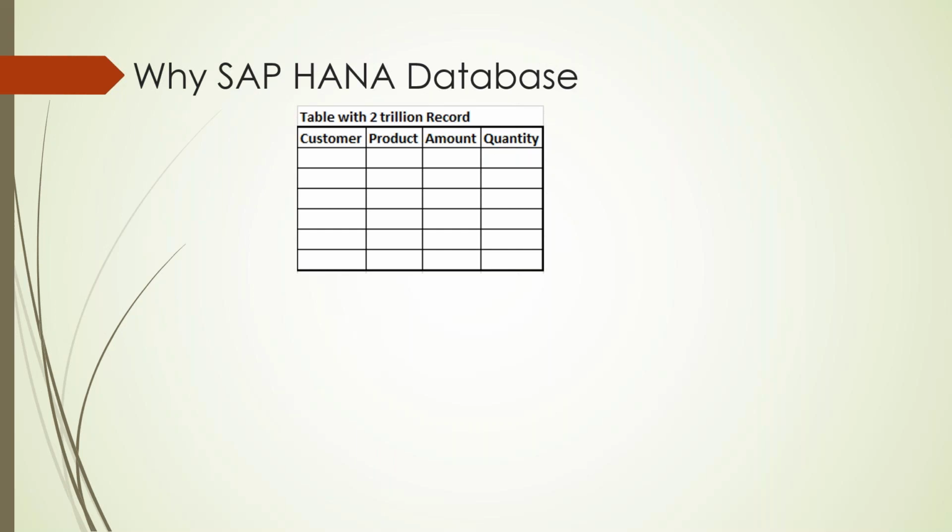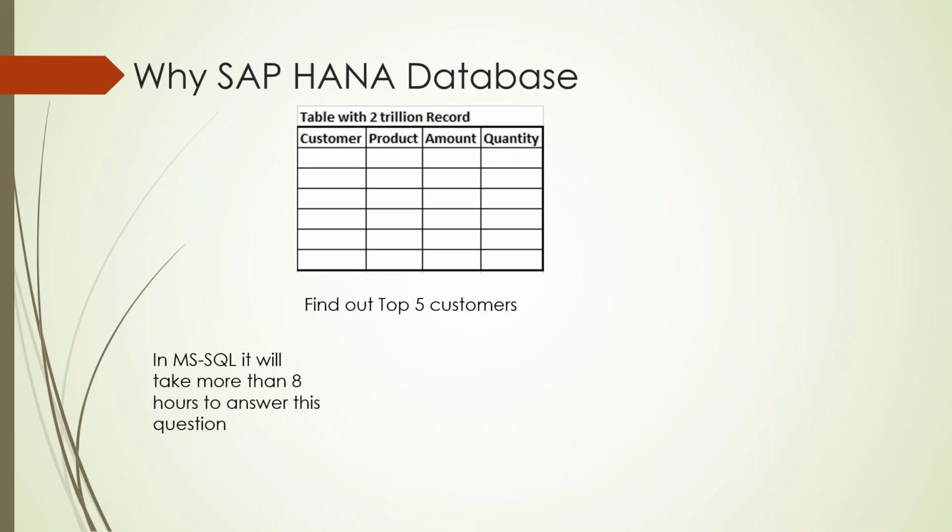Consider I just want to find out the top 5 customers based on the amount on this particular table where 2 trillion records are there. Consider this table structure and these 2 trillion records exist in a traditional database like Microsoft SQL.